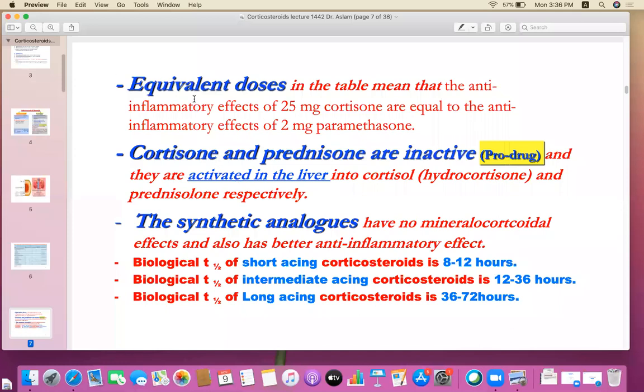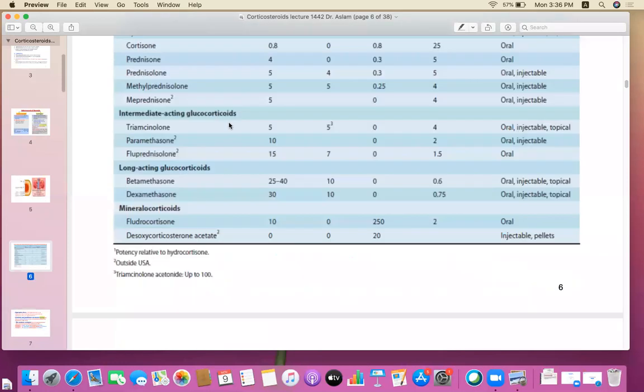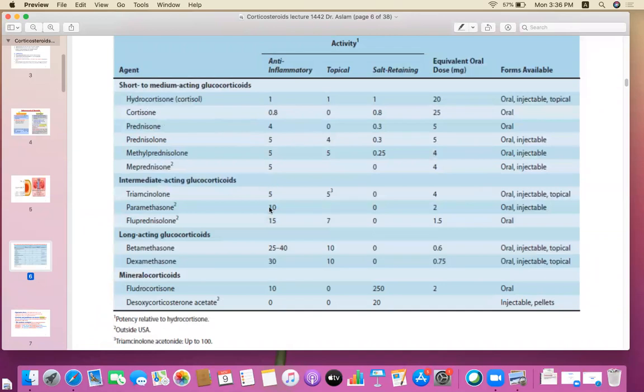So this is the equivalent dose. What is this equivalent dose? Betamethasone only requires 0.6 milligram, and cortisone or hydrocortisone requires 20 milligram. So 20 milligram is equivalent to 0.6 milligram, as per the dose.